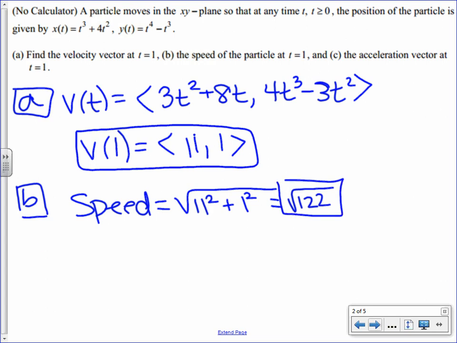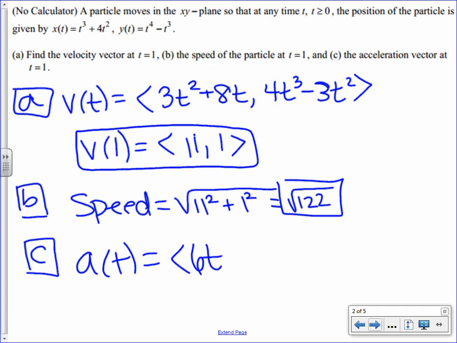And then our acceleration vector would be what? First I want to see what your acceleration vector is.